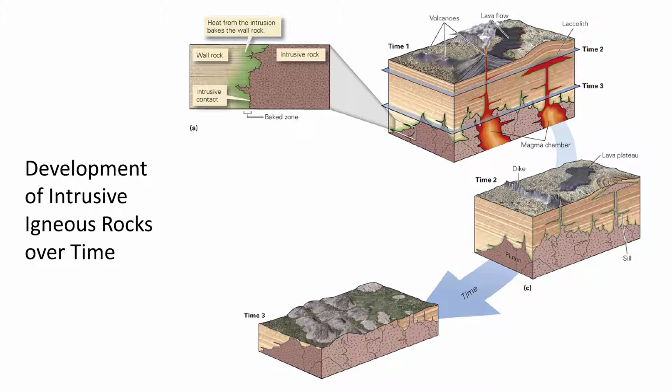With further erosion as we move through into time 3, these dike and sill features and the lava plateau get eroded. The older country rock is eroded down, and what we're left with seeing are the tops of the plutons, or the batholith. And in between those tops, in some cases, you can see small areas of the original older country rock.